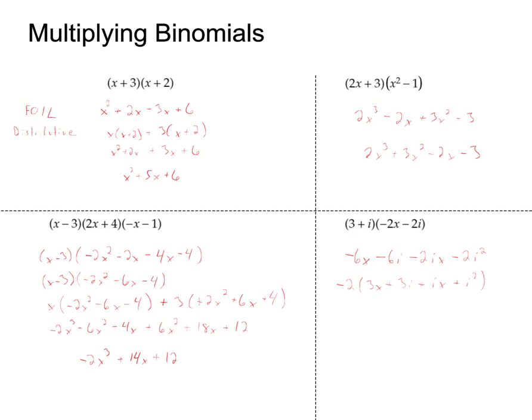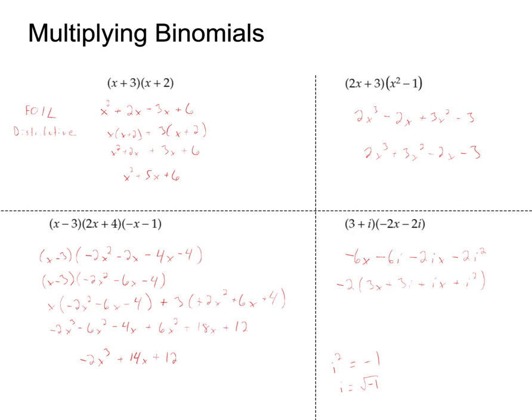So the identity for i squared, the imaginary number, i squared is actually equal to negative 1. And i is actually equal to the square root of negative 1. And if you watch the video on imaginary numbers, I'll go through the whole thing on what all this means. But for our purposes, a lot of the times when you get imaginary numbers on the ACT, they'll actually tell you that i squared is equal to negative 1.